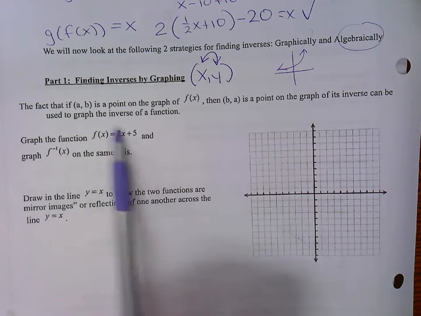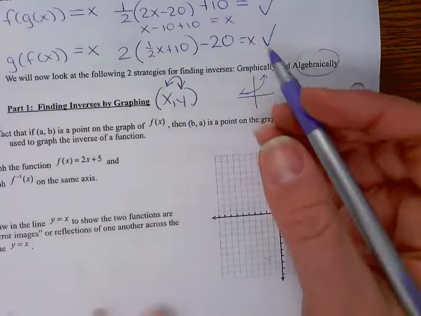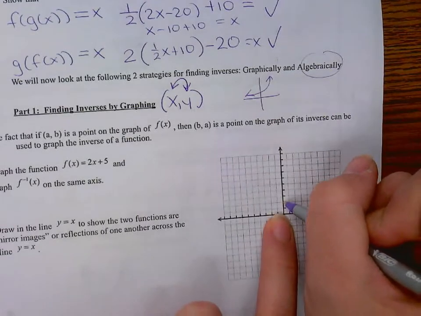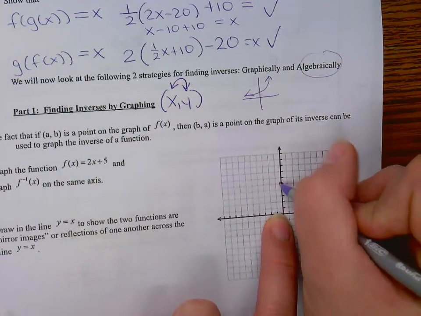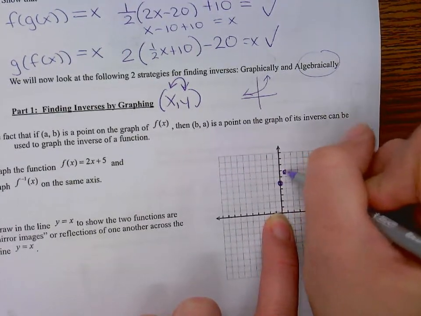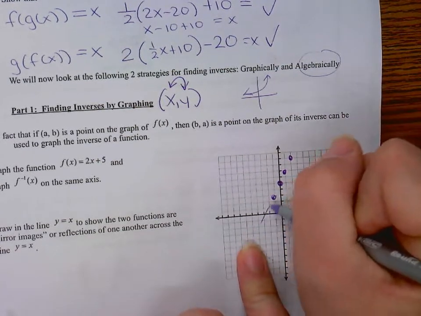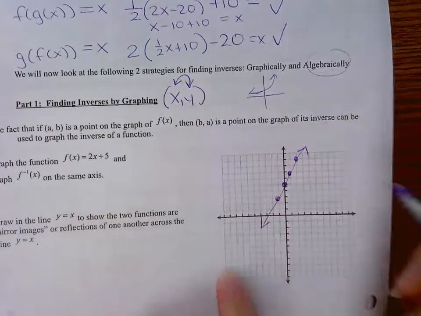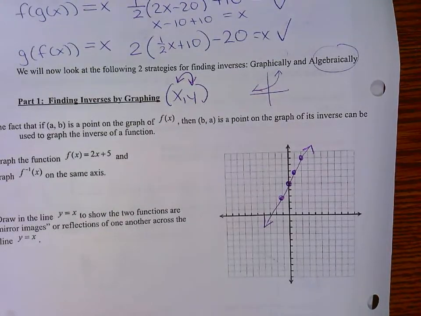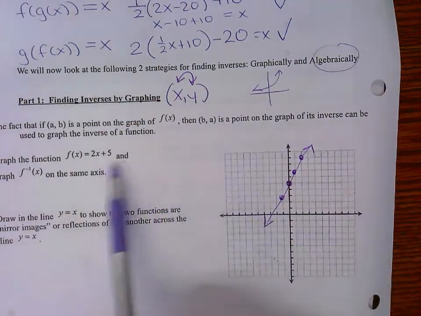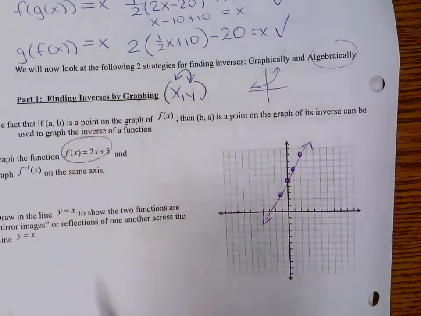So you should know how to graph this linear function, right? Start at 5, 1, 2, 3, 4, 5. My slope is up 2 over 1, so let's plot a couple points so that we can make a table and then switch x and y. So I have 4 points from this first function.